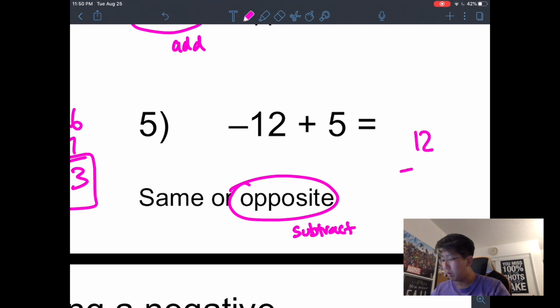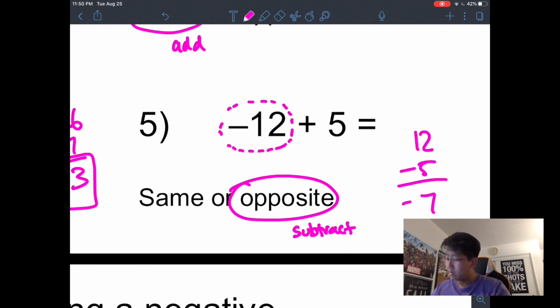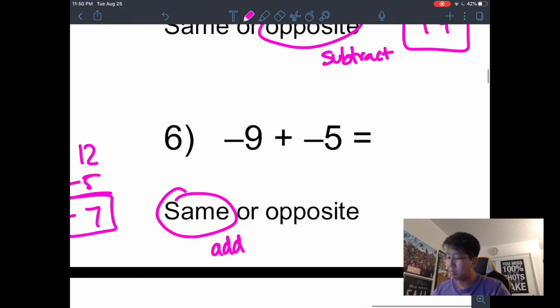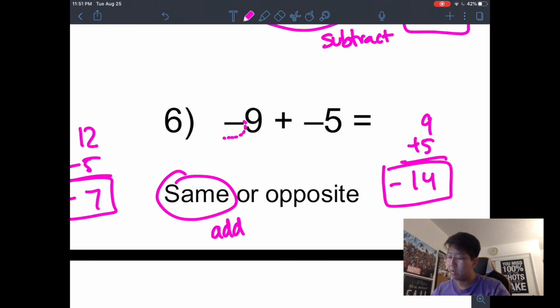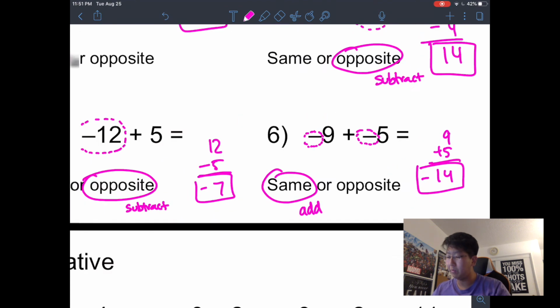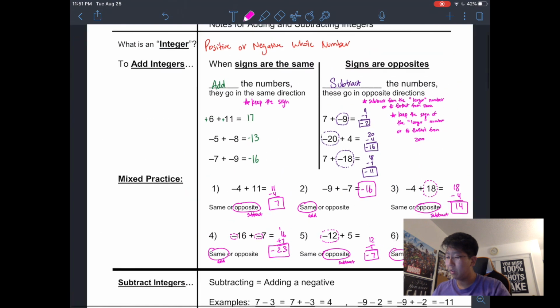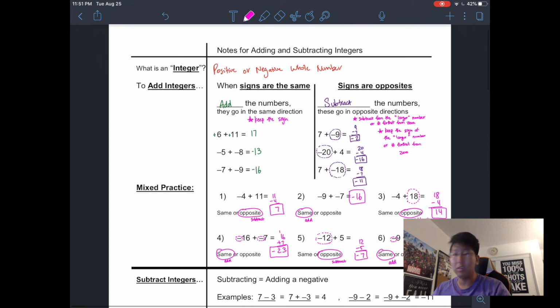So 12 minus 5 is 7. And it's going to be a negative number. So negative 7. And last but not least, same. So we're going to add 9 plus 5 is 14. And it's a negative number because they're both the same sign and they're both negative. Okay? Alright, so this is it for adding integers. Good luck.